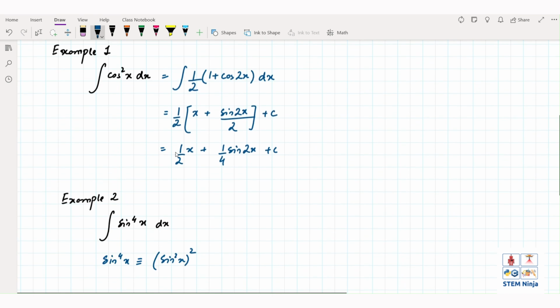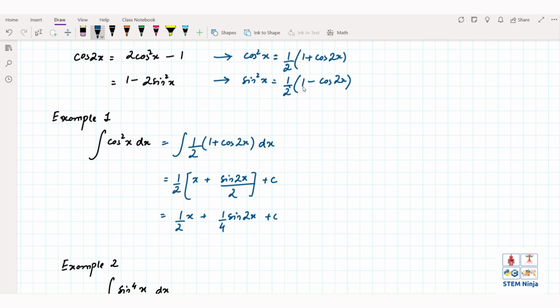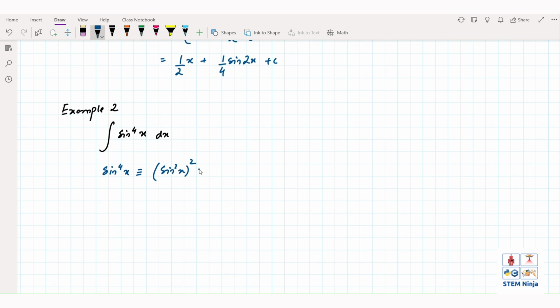And sine squared x, we wrote as 1 over 2, 1 minus cos 2x. So basically, 1 over 2, 1 minus cos 2x whole squared. When we square this, it becomes 1 over 4, 1 minus 2 cos 2x plus cos squared 2x.